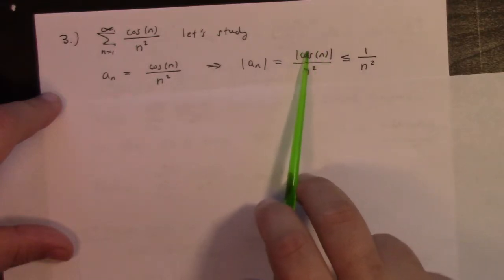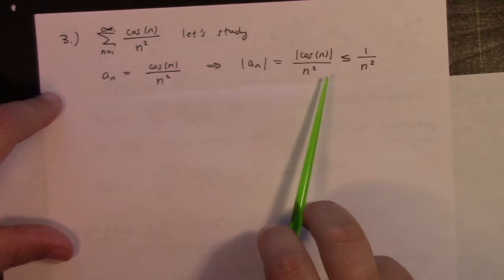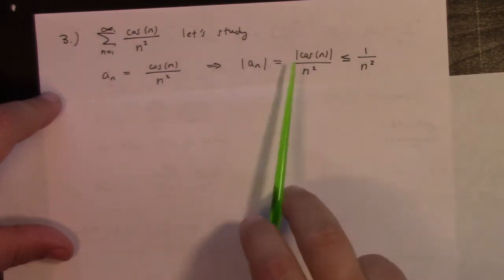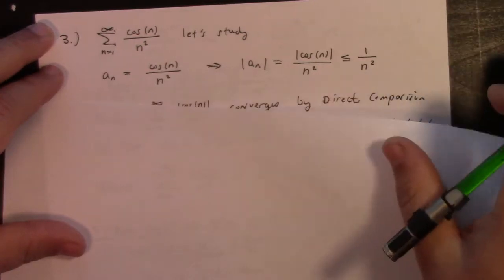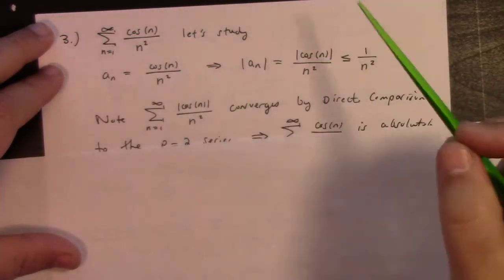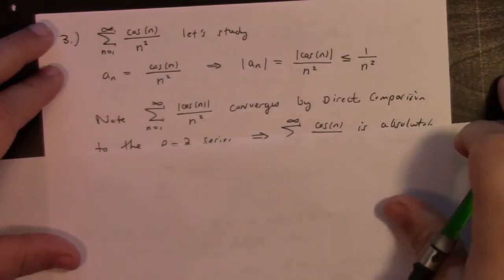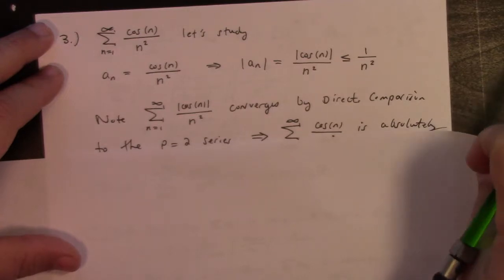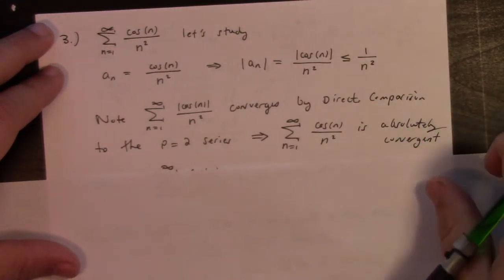So the absolute value of cosine is stuck between minus 1 and 1, so the absolute value of cosine is at most 1. So we have this inequality, and as such, we can do direct comparison of the absolute value of this series to the 1 over n squared series, right? So this converges by direct comparison to the p equals 2 series, and so it follows that the sum of cosine n over n squared is absolutely convergent. All right.